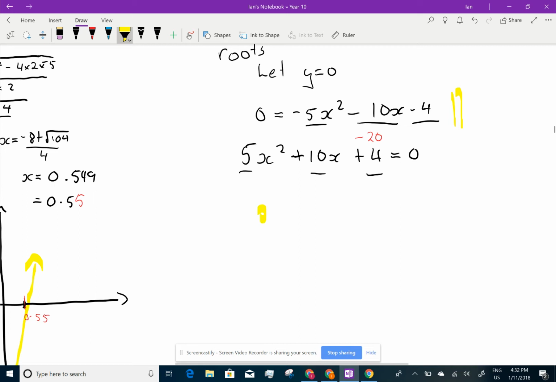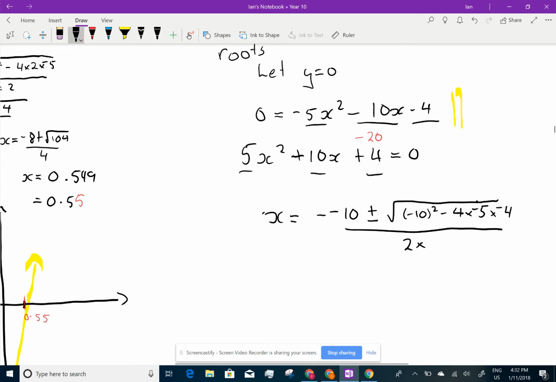So x equals minus b, so minus minus 10, plus or minus the square root of b squared, so minus 10 squared minus 4 times minus 5 times c minus 4, all over 2 times minus 5.